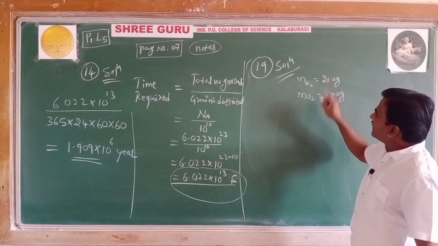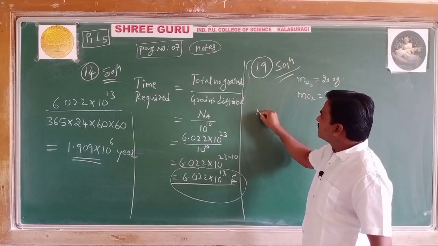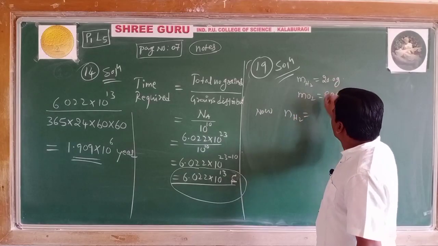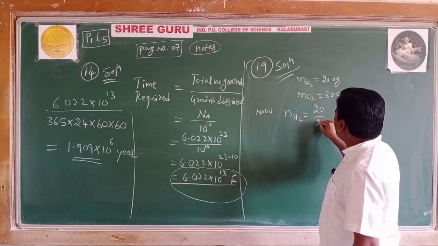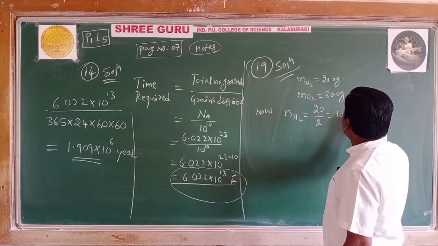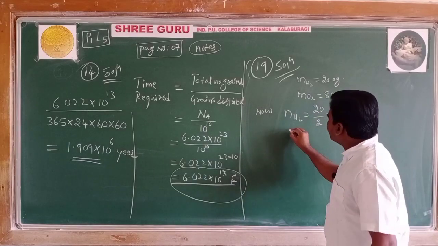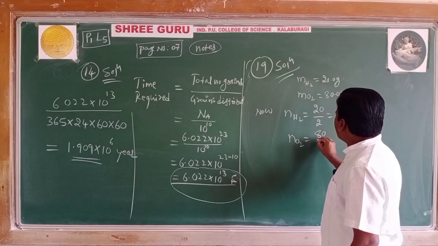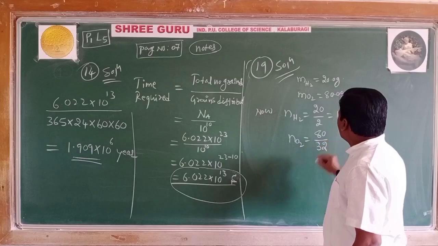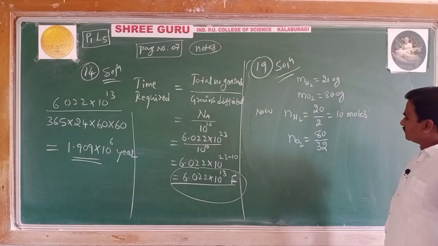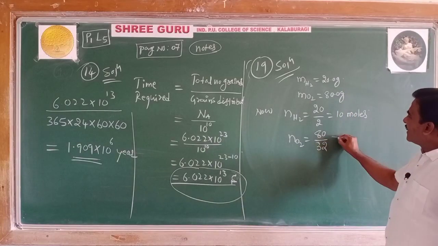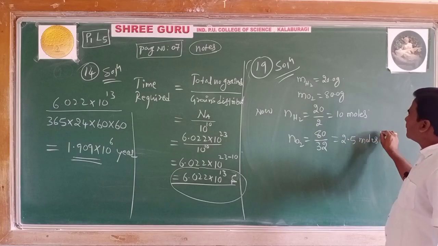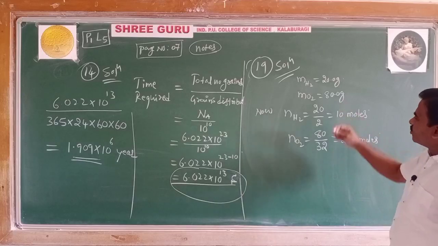By taking this you can calculate the number of moles. Number of moles of dihydrogen is 20 divided by 2, you get 10 moles. And the number of moles of dioxygen is 80 divided by 32, so you get 2.5 moles. Now what is n total?